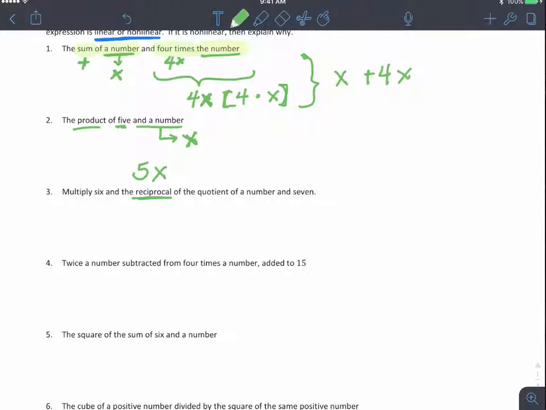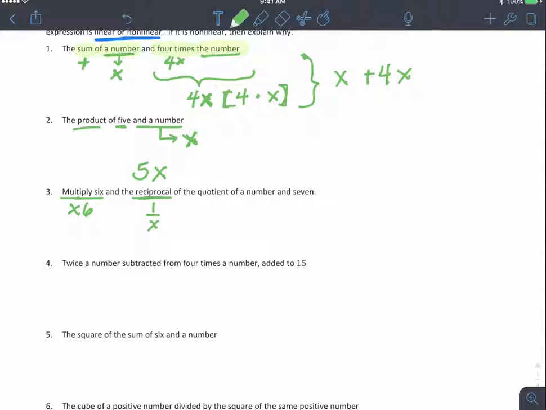So if x is our number, then the reciprocal would be 1 over x, just flipped, right? So reciprocal just means, again, a flipped fraction. Then we know that we also have to multiply by 6, so times 6.